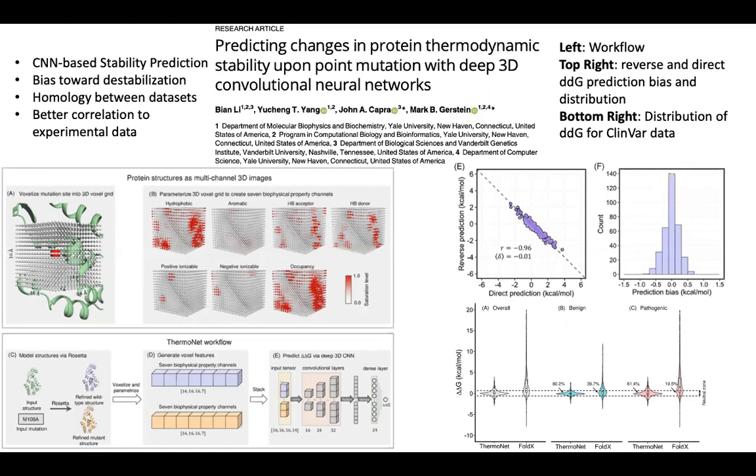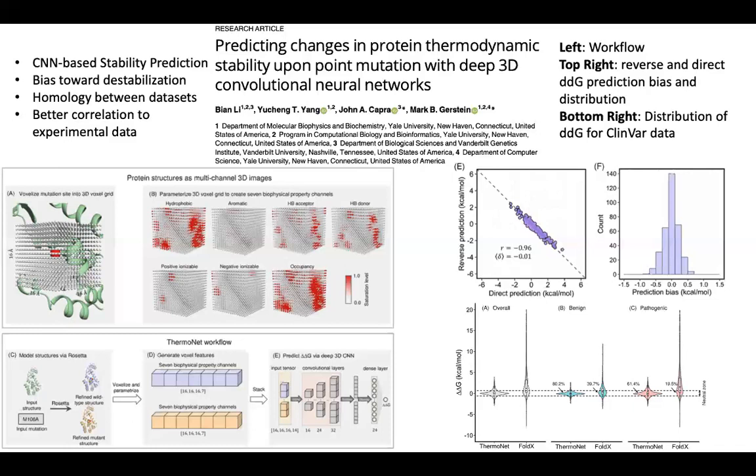Where a perfect Pearson correlation value would be -1 in this case, and a perfect quantifiable prediction bias value would be 0. Although this was just comparable to the best model, it was much better than the vast list of models that they tested, including Rosetta and FoldX.